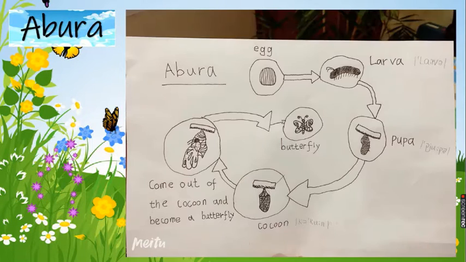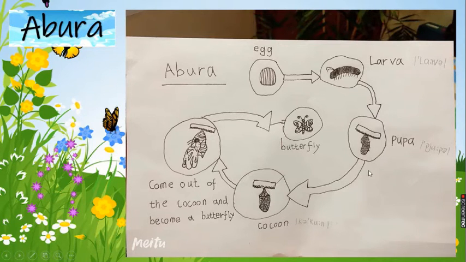Thank you. Now here's a verse. Wow, very nice artistic drawing of the life cycle of a butterfly. This is lovely. Now here, first it's like a tiny little egg and turns into a larva, or what we call a caterpillar, and then it turns into a pupa. And then it wraps itself inside a cocoon. It's beautiful, right?